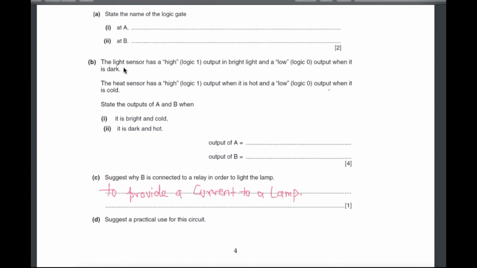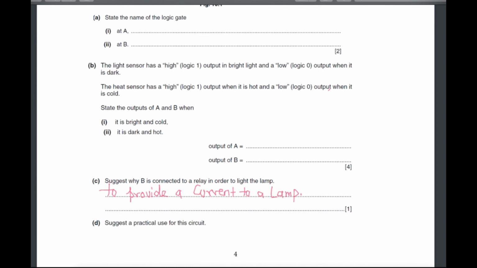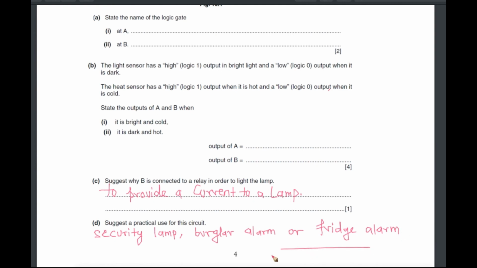So where we're using a light and heat sensor, students, we can say security lamps, we can say in alarm, or you can say fridge alarm. So in these places practically we're using these kind of circuits.